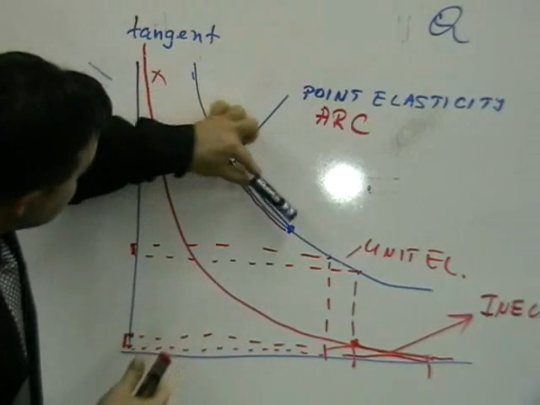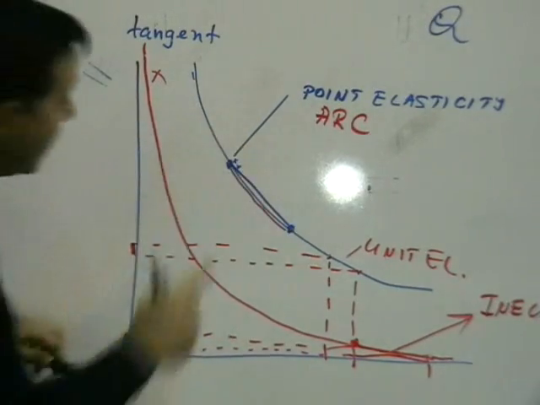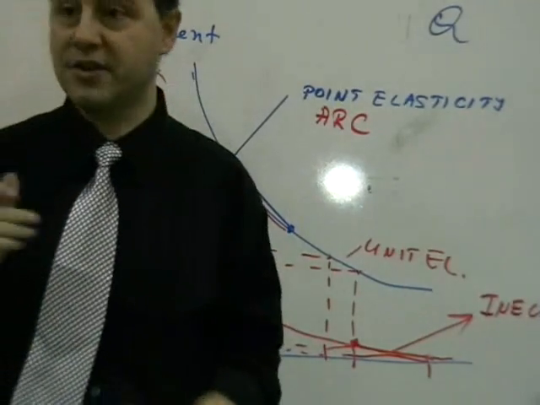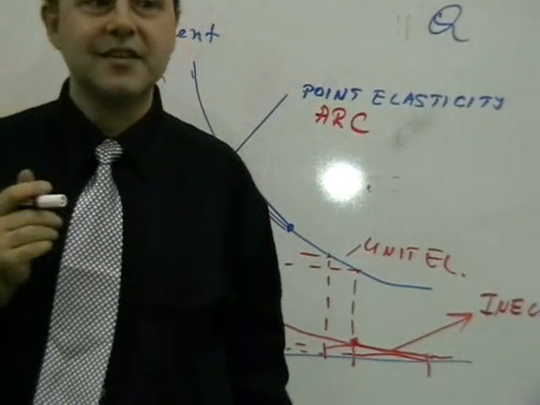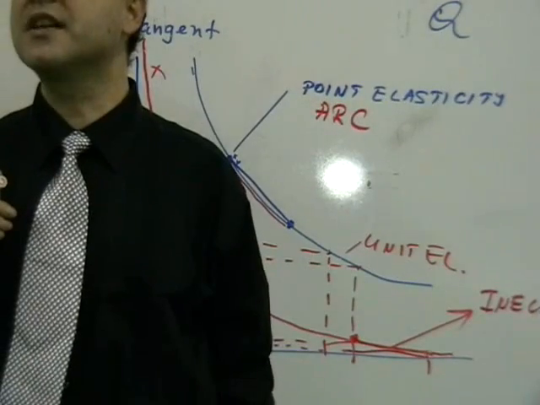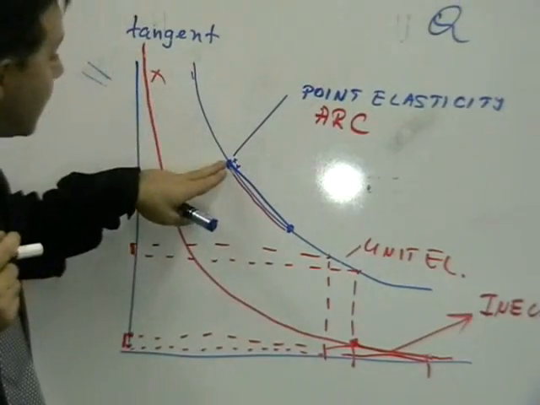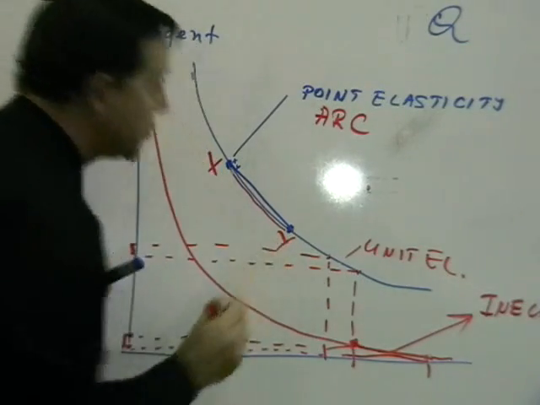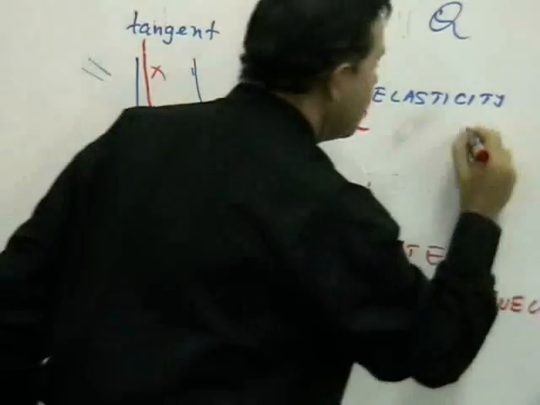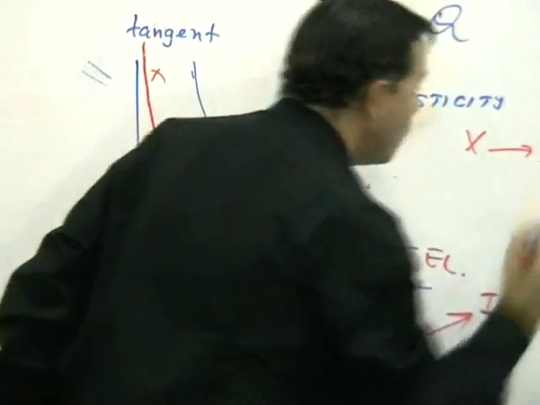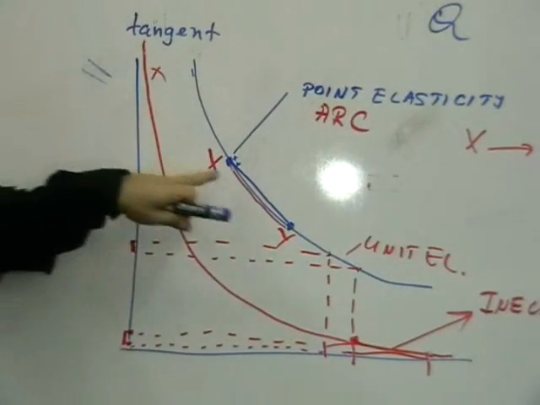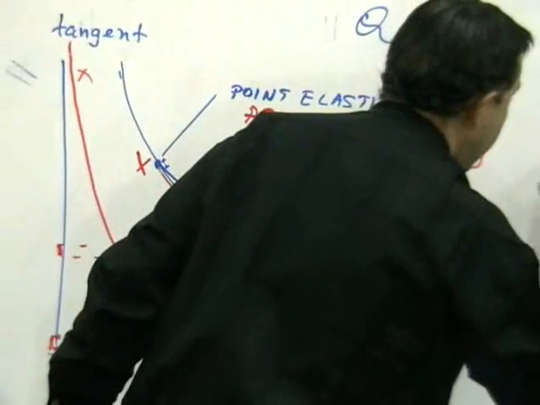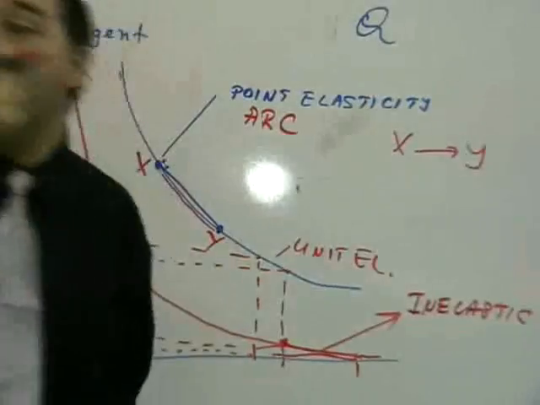In other words, it is not the segment as in a straight line, but it is the arc because we move along the demand curve. But there turns out to be yet another trick. You start from here, let's call this X now, and let's call this Y. If you're computing from X to Y, you will be getting one elasticity. You'll be getting elasticity 1.